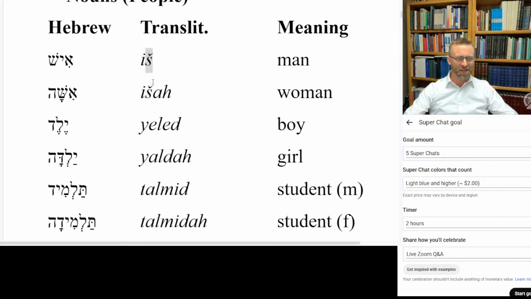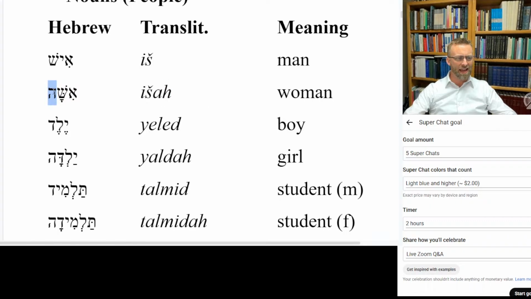All right, so ish means man, and then the feminine form is isha, and sometimes I put that H in, sometimes I don't. This is not a consonant here. This is the letter hey functioning as a vowel marker. But it's good that you see it both ways, because all textbooks and journals and whatever, they're going to transliterate it differently, sometimes with an H present, sometimes without it.